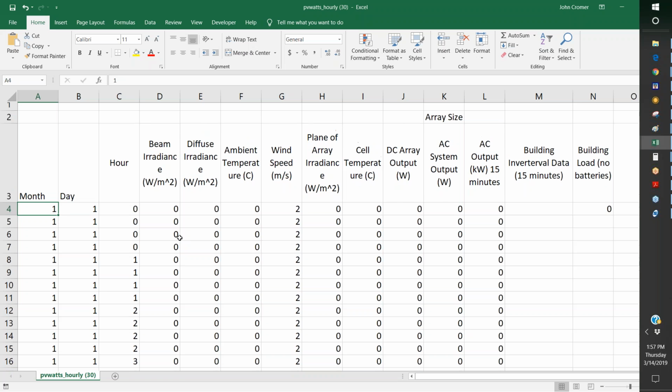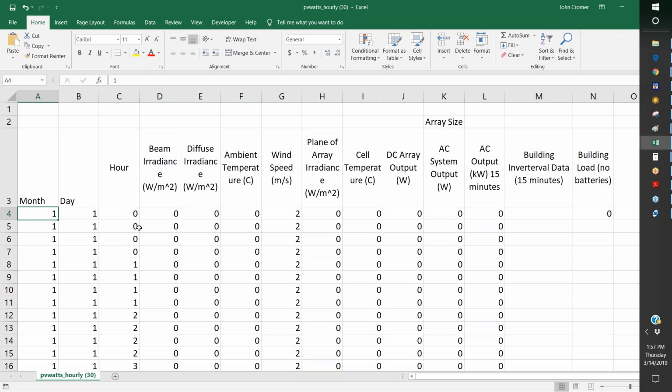For that, we just copy and paste our PV Watts data 4 times and then sort it by the month, the day, and the hour. This is the sheet that we did yesterday. What we're doing is assuming that the solar array output is consistent and flat for each of those 15-minute intervals for the hour.